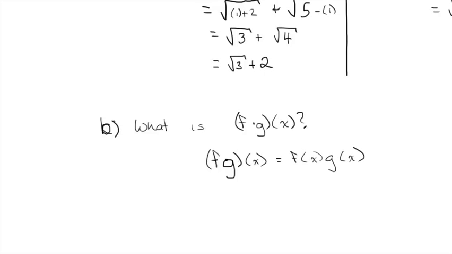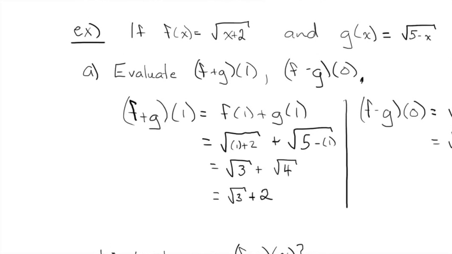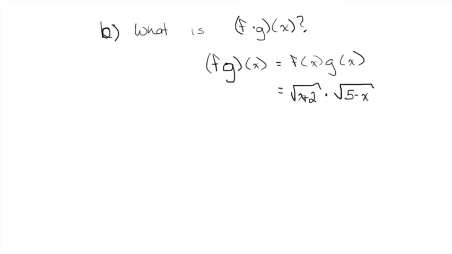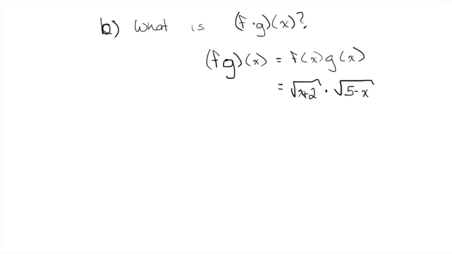So all I'm going to do is take the formula for f at x, which was root x plus 2, and multiply that by the formula g at x, root 5 minus x. So root x plus 2 times root 5 minus x. That's the formula, f times g at x. I can't really do anything else with that. You can't simplify that too much. So it's not a nice looking formula, but there it is.